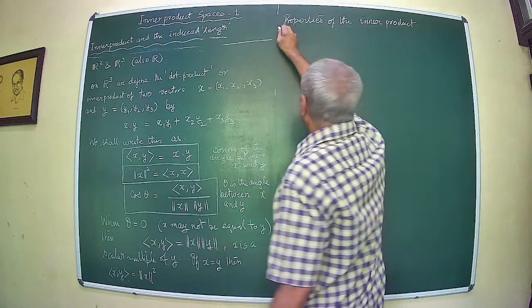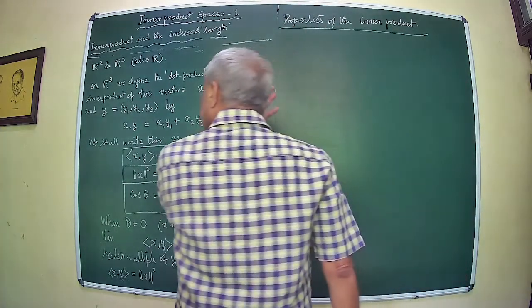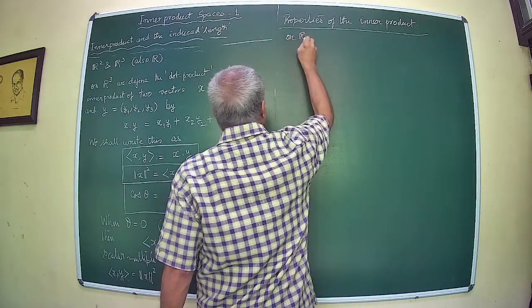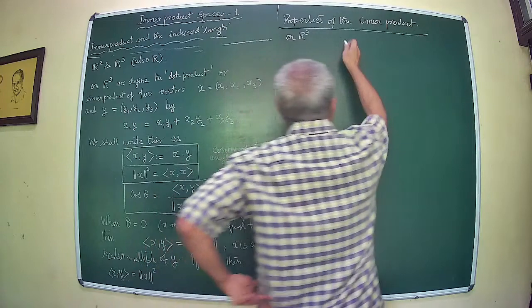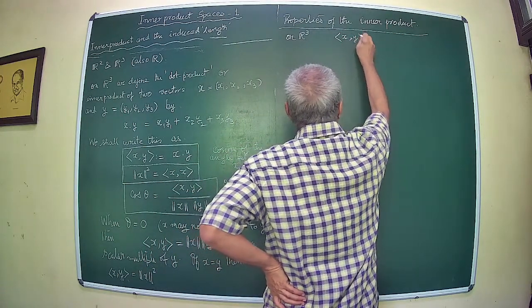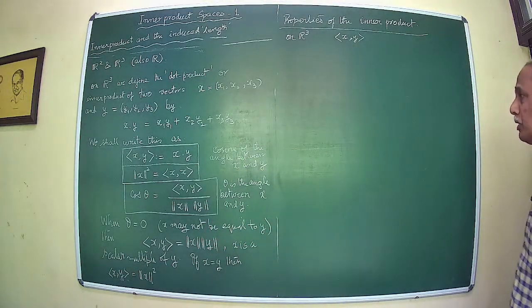So first of all, we observe the following. On R3, the inner product is associated with a pair of vectors.